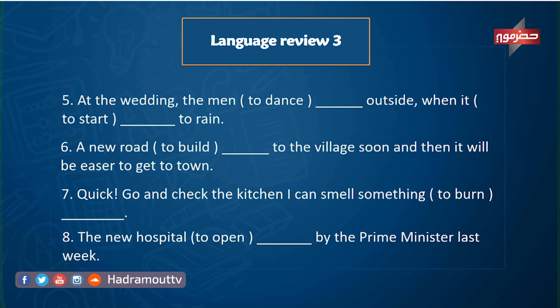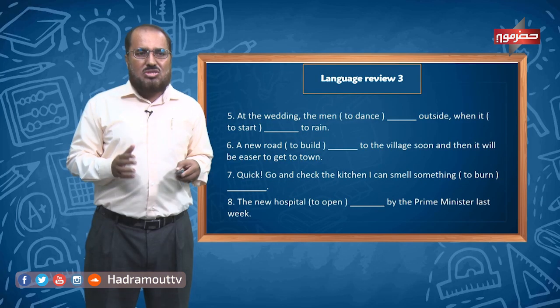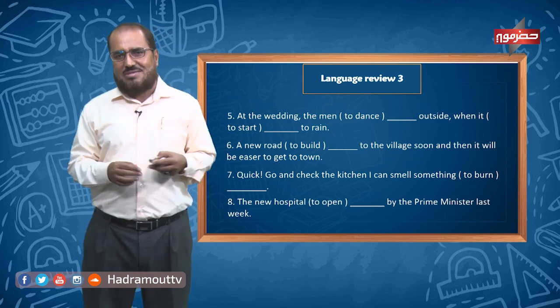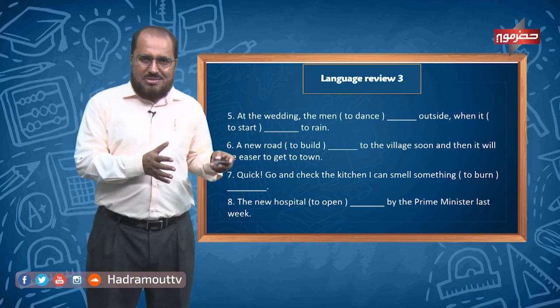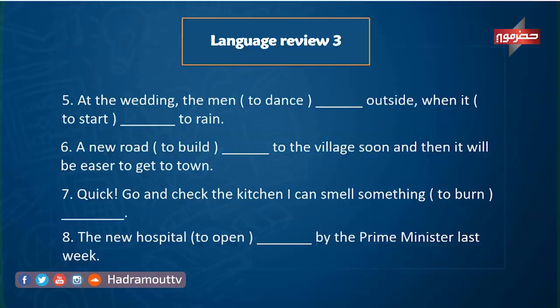At the wedding, the men to dance outside when it to start to rain. So, men, dance and rain. What was continuous? What happened suddenly? This is to set the scene. Think of this.